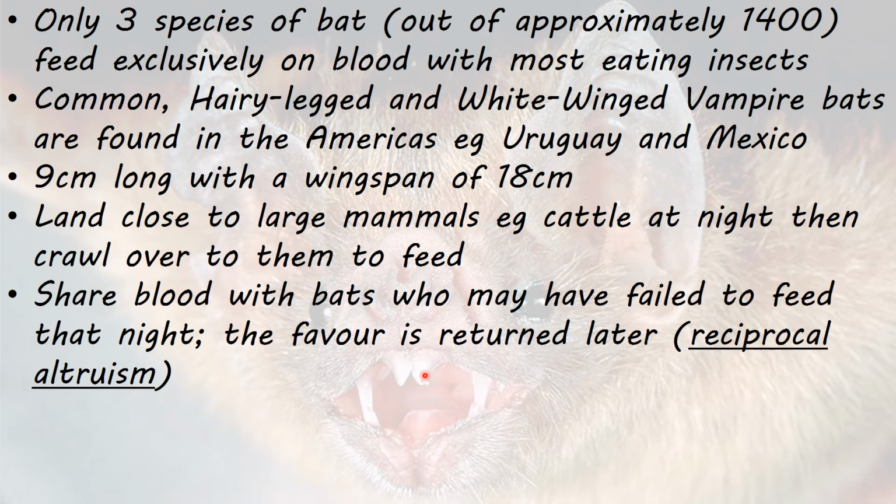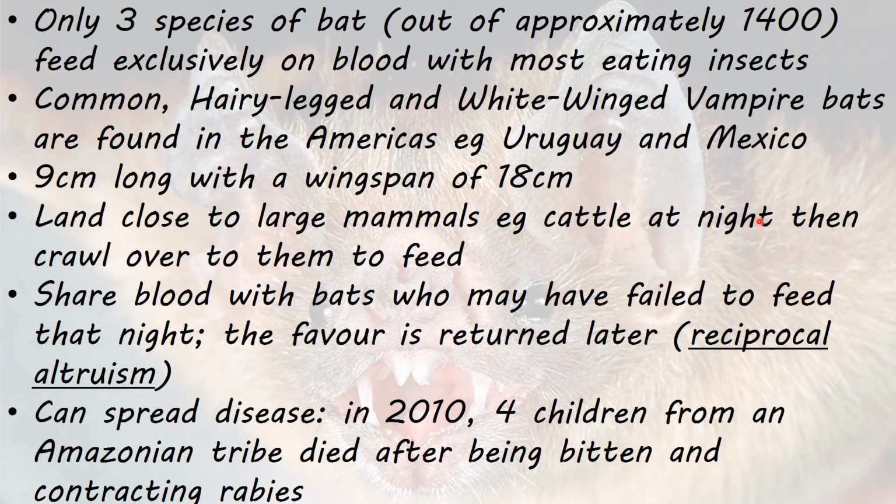So maybe, I talked about one being ill or poorly or whatever. It could also be that you've got bats that are going back, and what they found is that some of them haven't been able to get food, they've failed. So they'll be fed by the others, and then should the next night one fail and the other be successful, then the favour is returned. So that's your reciprocal altruism.